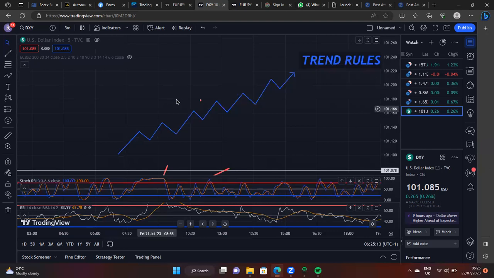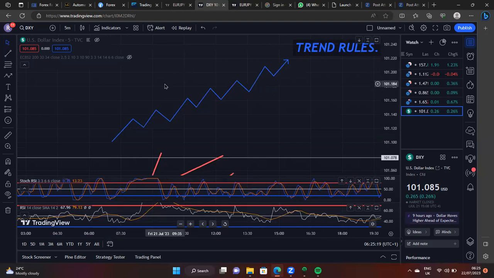If it is recording these patterns, then we now know for sure that it is an uptrend. Now, this is to identify an uptrend. I repeat, to identify an uptrend, you're looking for higher highs, higher lows, higher highs, higher lows.